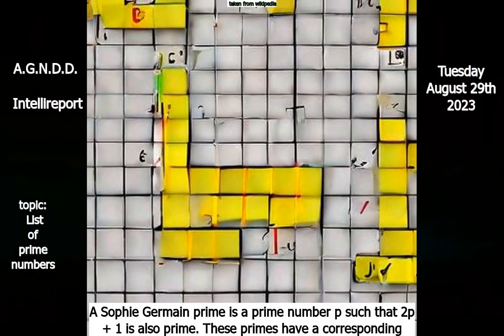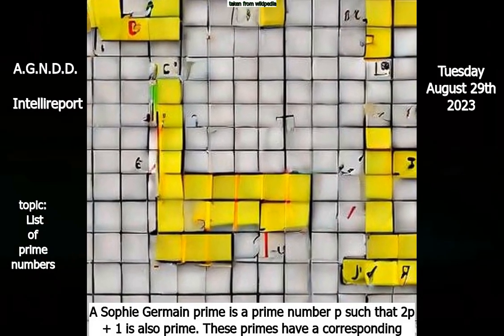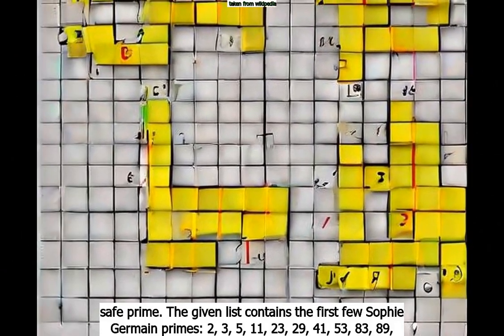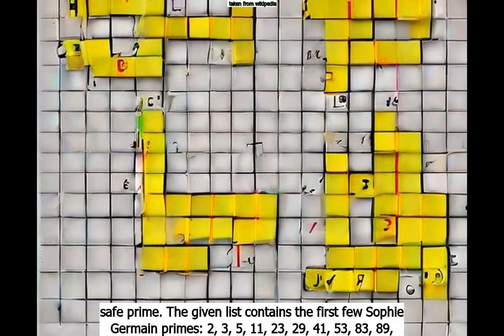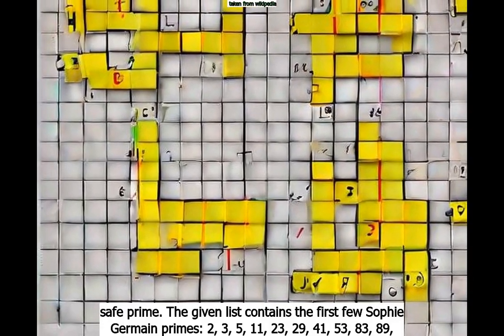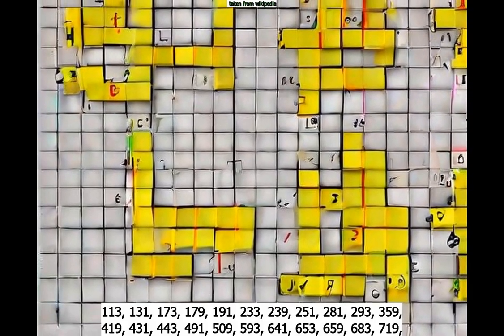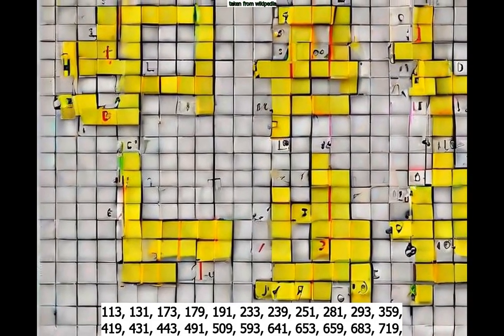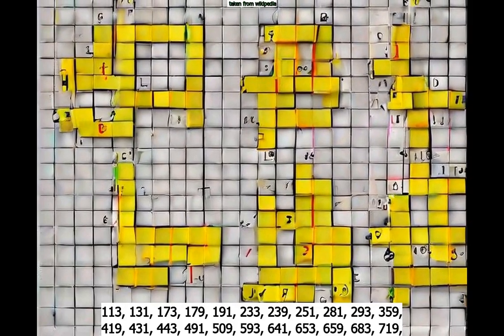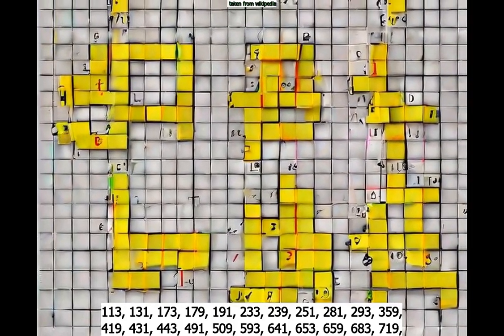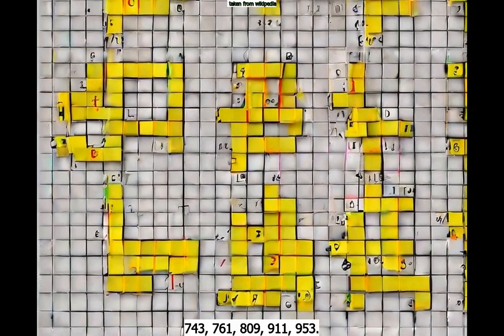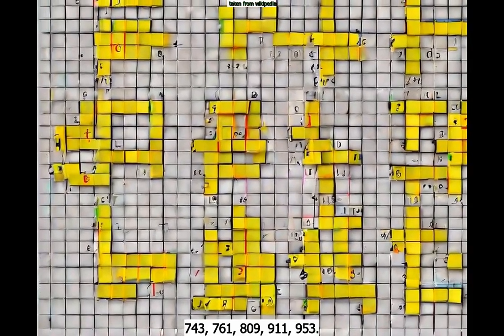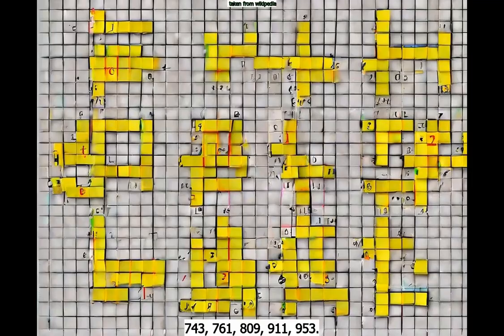The given list contains the first few Sophie Germain primes: 2, 3, 5, 11, 23, 29, 41, 53, 83, 89, 113, 131, 173, 179, 191, 233, 239, 251, 281, 293, 359, 419, 431, 443, 491, 509, 593, 641, 653, 659, 683, 719, 743, 761, 809, 911, 953.